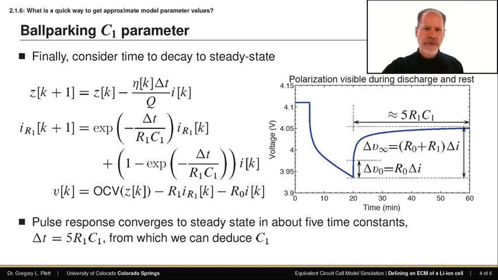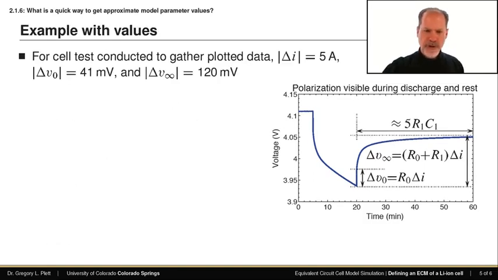So let's do an example. We'll use exactly the same figure, so there's nothing new here. But for this laboratory test, I wrote down what the values were. So the cell was resting initially, and then I subjected it to a 5 ampere discharge pulse for 15 minutes, and then I removed that. And so the change in current in magnitude was 5 amperes.